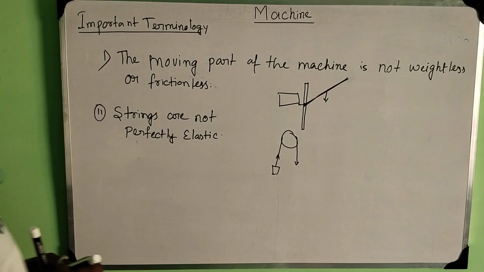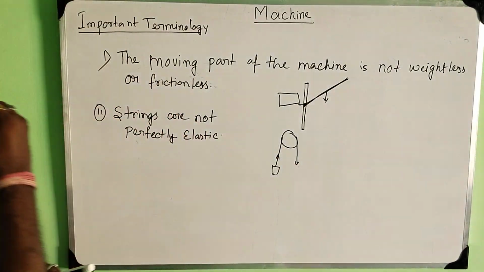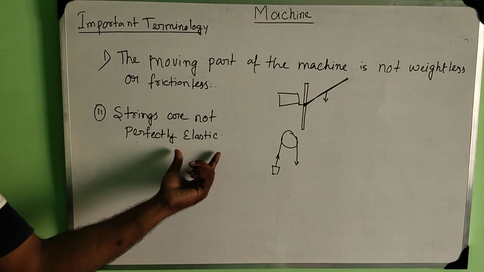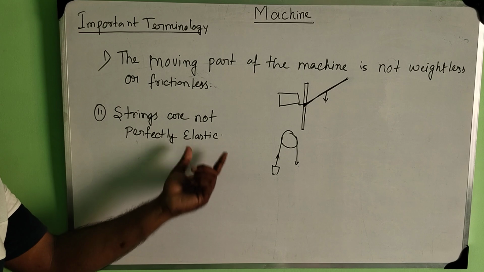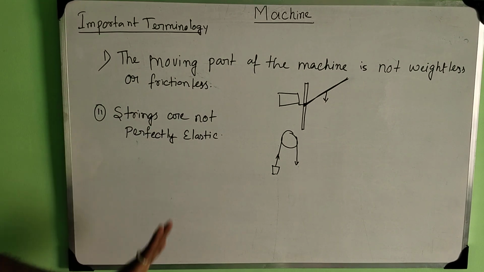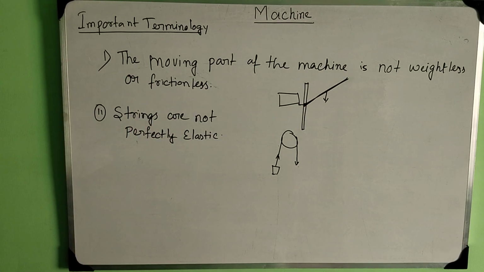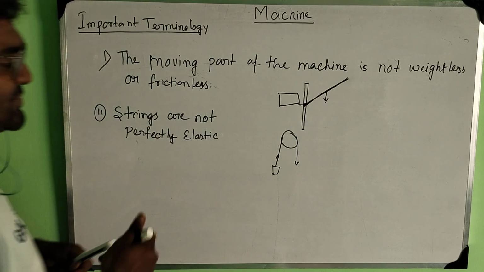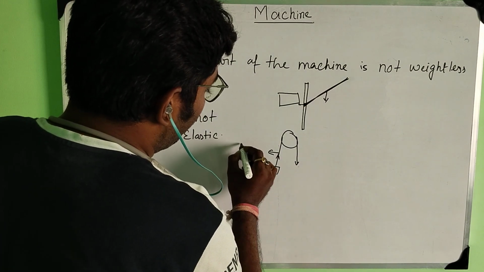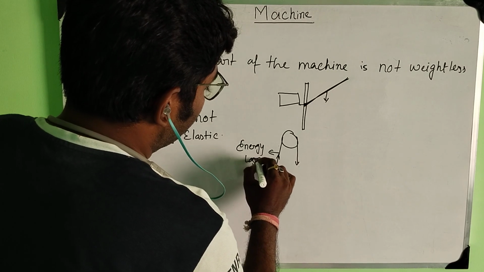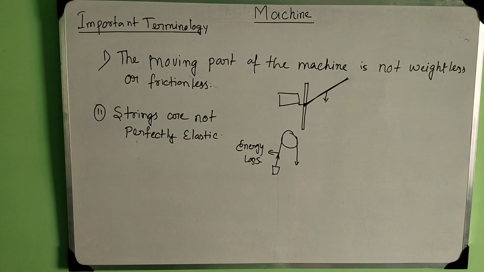Since the string that we use in case of pulley is not perfectly elastic... Now, elasticity, the property, you will study in class 11. So maybe some of you cannot understand this point, because elasticity we will discuss in class 11. Okay, so as the string is not perfectly elastic, some energy is lost due to this string also. This string will cause energy loss.